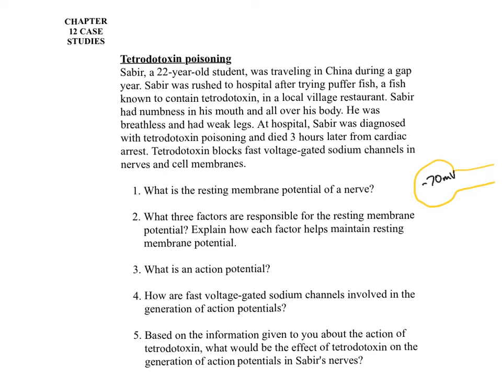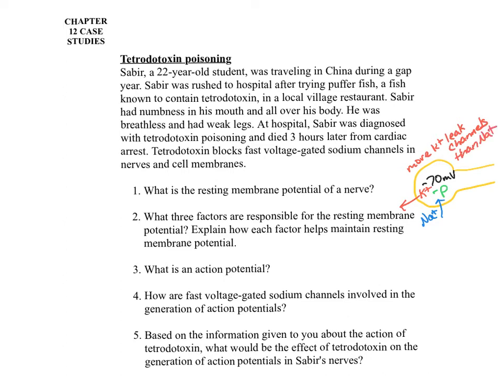Okay, what three factors are responsible for creating that resting membrane potential? Well, first of all, there are negatively charged proteins inside the cell. Second of all, there's the electrochemical gradient where sodium ultimately wants to move into the cell and potassium ultimately wants to move out of the cell. And the third factor is that there's more potassium leak channels than sodium channels.